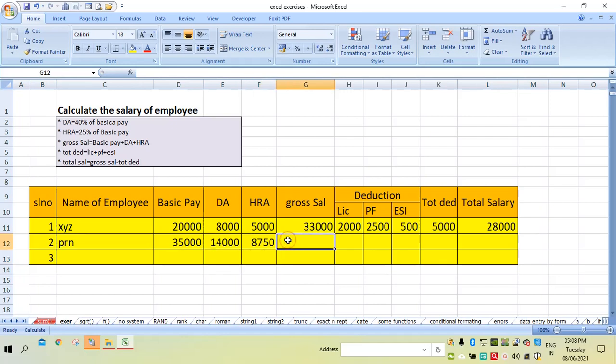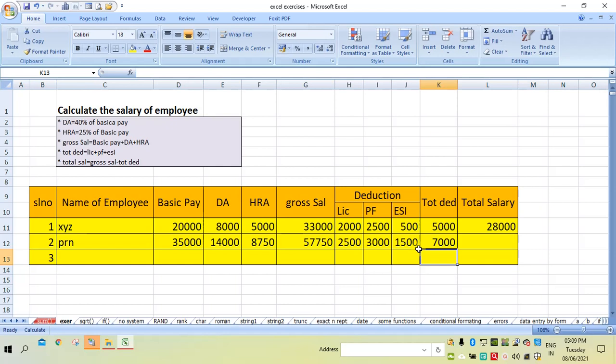So the gross salary can be calculated, basic plus DA plus HRA. So total will be this much. Think that the deductions he is making are 2,500, 3,000 and 1,500. So total deduction is equal to LIC plus Provident Fund plus ESI.